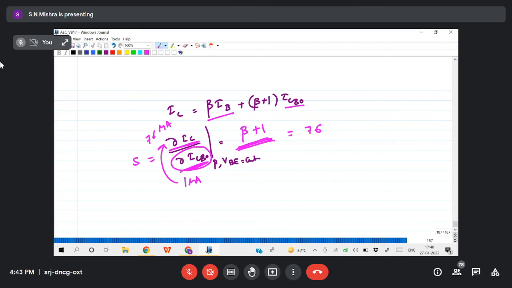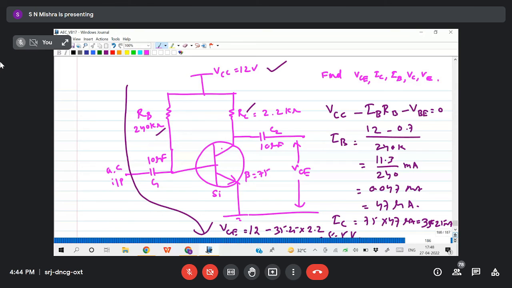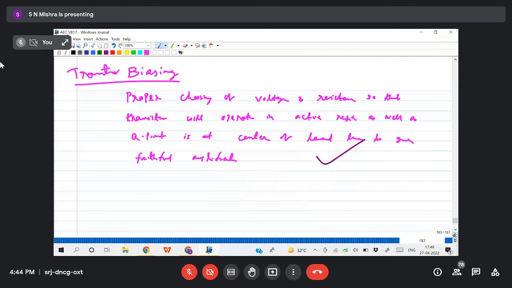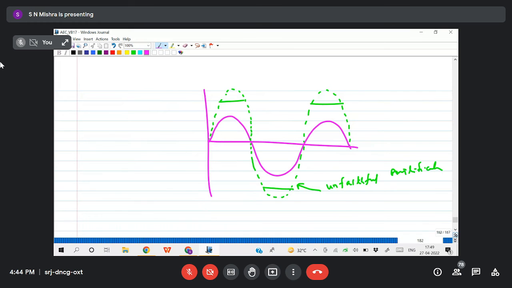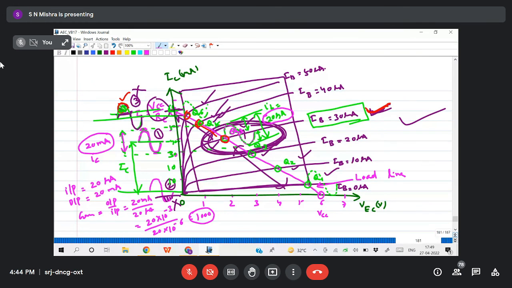If IC is changing, the Q point is shifting upward, and if it shifts upward, the upper portion of the signal may clip. So is it good or bad? Bad, sir.